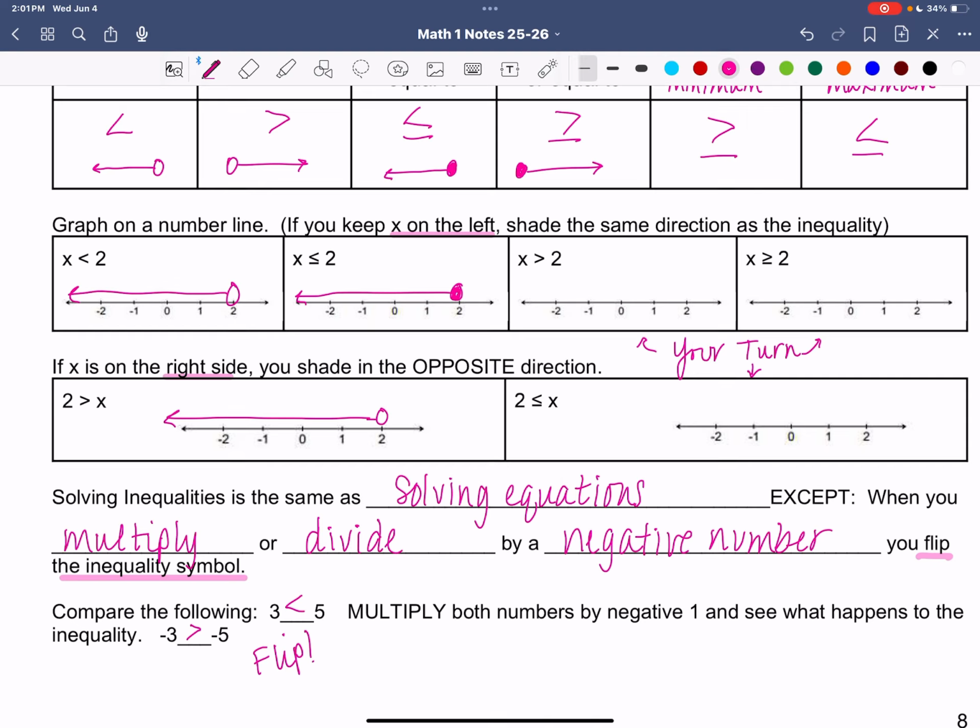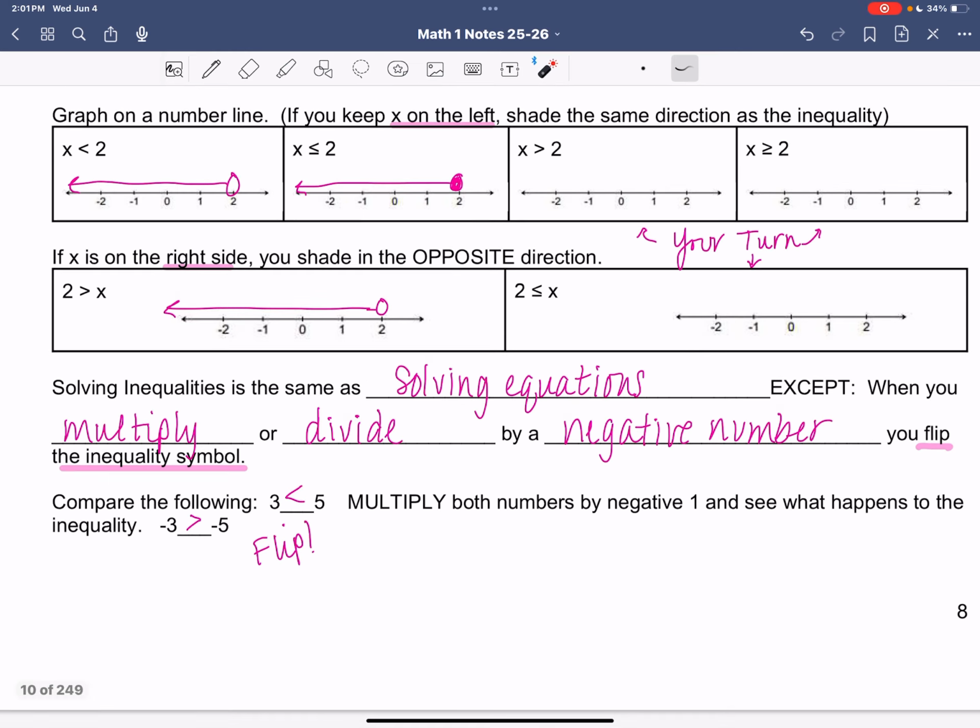So it's an open point, and X is going to be this direction because 2 is the maximum. All right, so you're going to try this one. And remember, you just go the opposite direction, but I always like to try to get the variable on the left, but if not, just go the opposite direction. All right, so now fill this in.